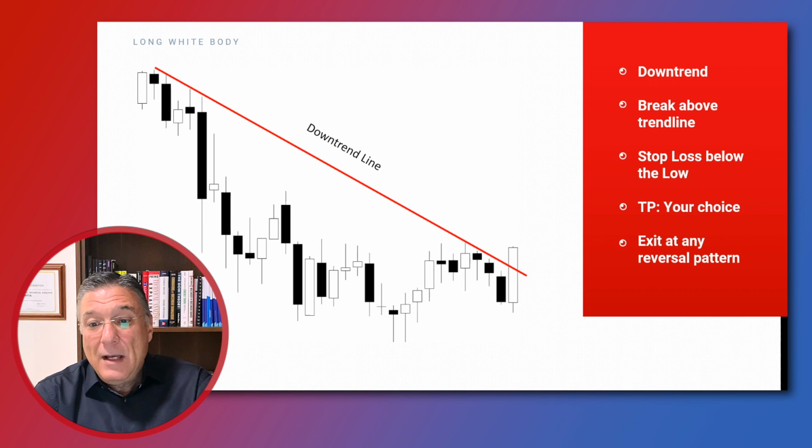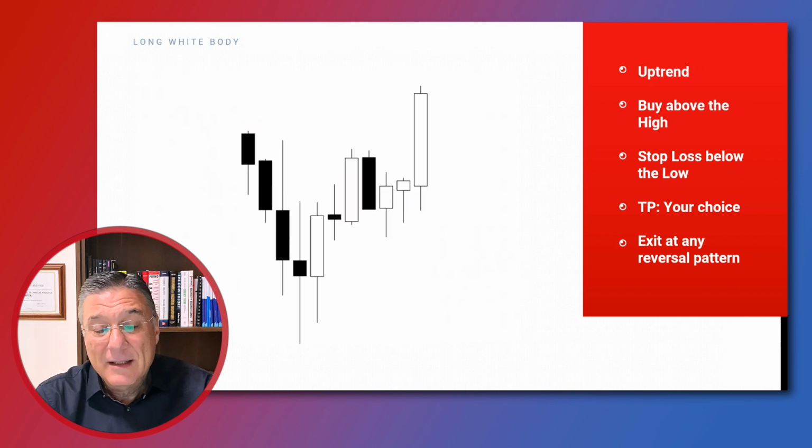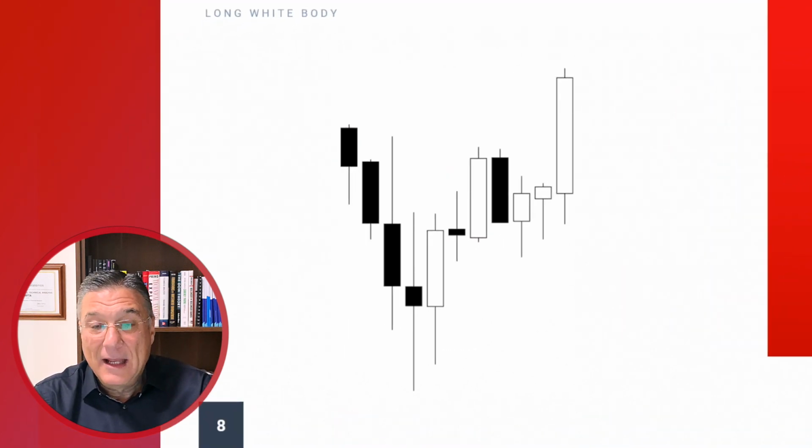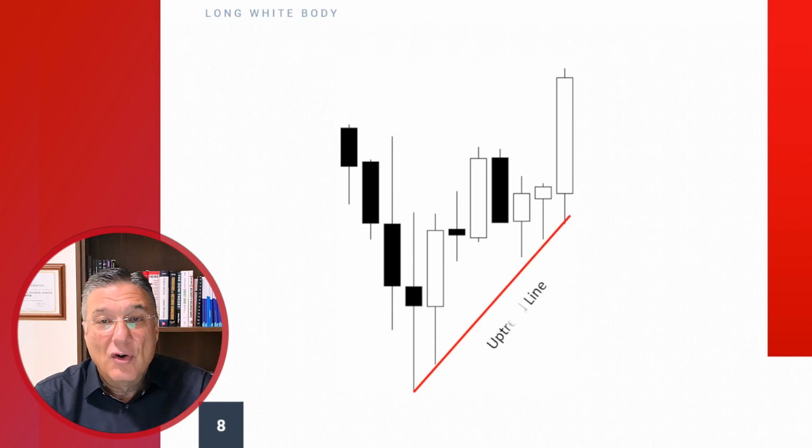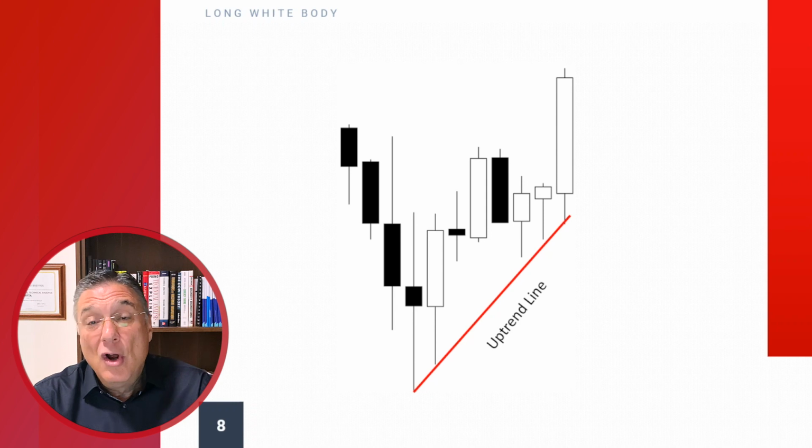Now, one more setup to keep in mind. After a decline, we see a rally, and of course, we can draw an uptrend line by connecting two or more low prices. And this is the case here. And of course, you can see that the long white body touched the uptrend line, and then it bounced up.